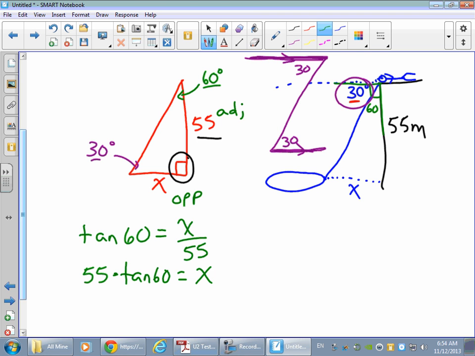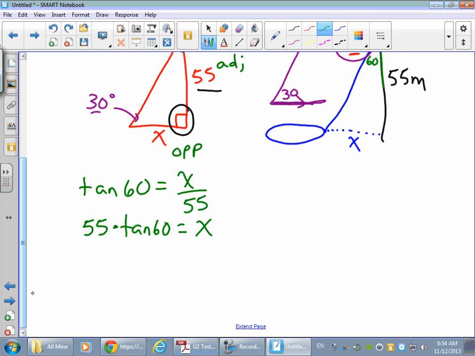I get the 55 canceling on the right side, and so I end up with a pretty hefty jump to try to make here. 95.2, 95.3, I guess. Meters is approximately my value of x.